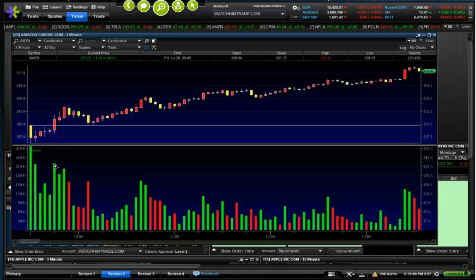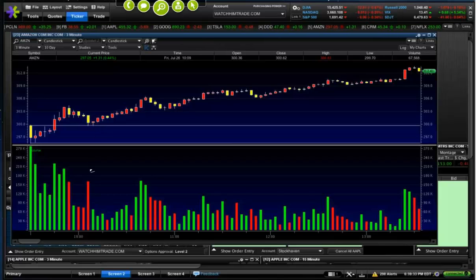But then at 9:45, you get a nice close above both the initial 3-minute high and the initial 6-minute high. So we have a long setup. My bias is long. Now I want to see the initial 3-minute high act as support. Nice continuation where once those highs were broken, Amazon went from 302 up to 304.